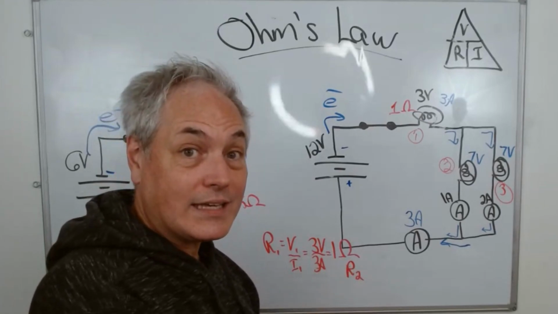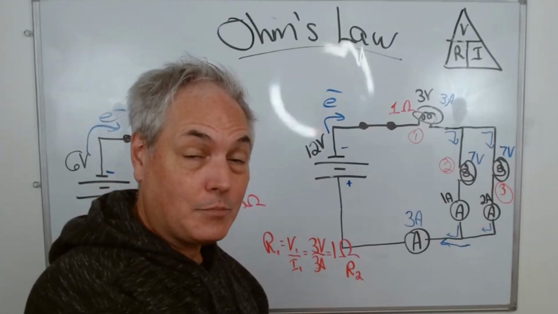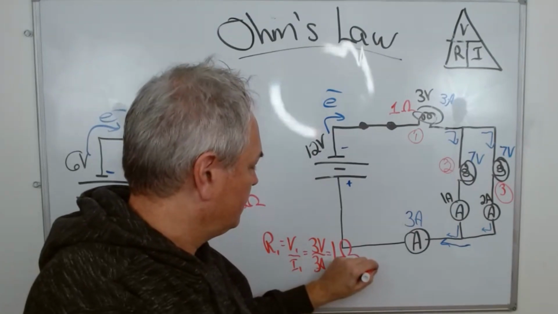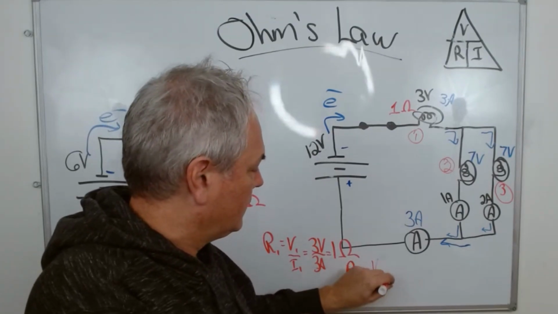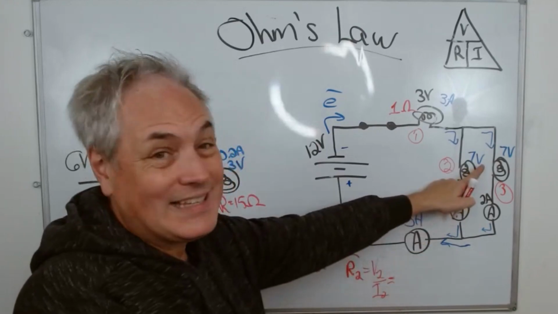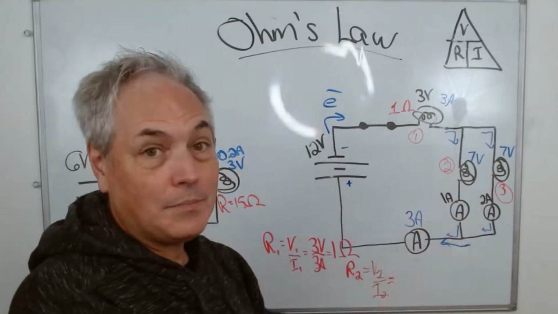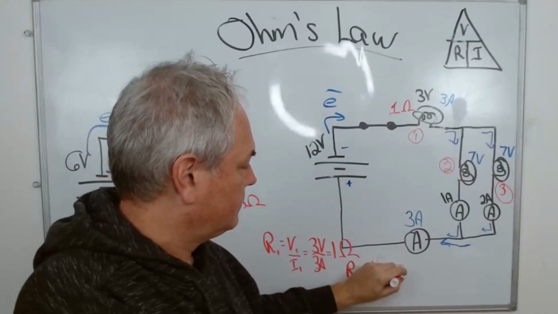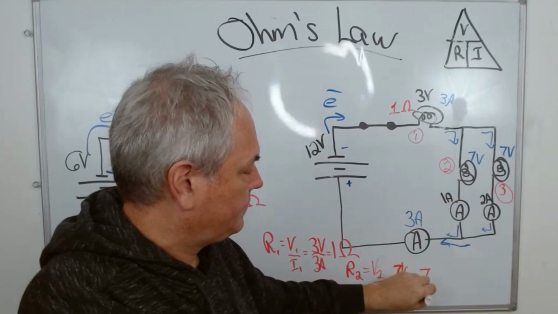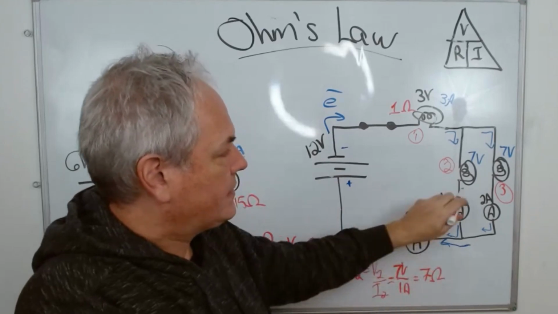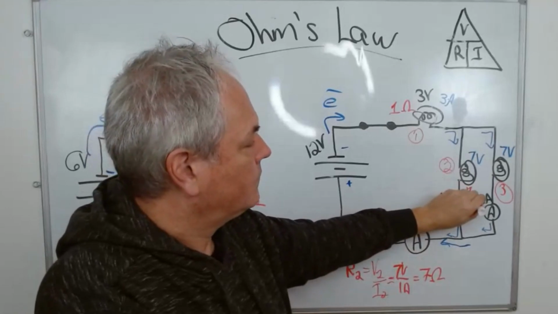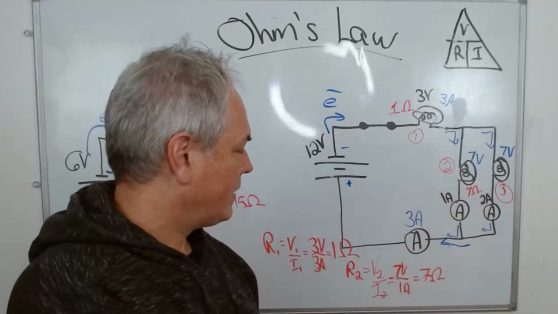The resistance at the second bulb will be the voltage at the second bulb divided by the current at that second bulb. So here we have 7 volts divided by 1 amp. 7 volts, 1 amp. So it seems that we have a bulb that would be 7 ohms right there.